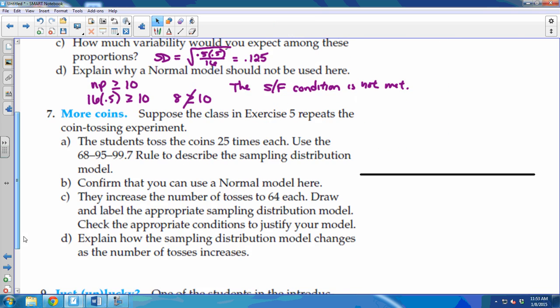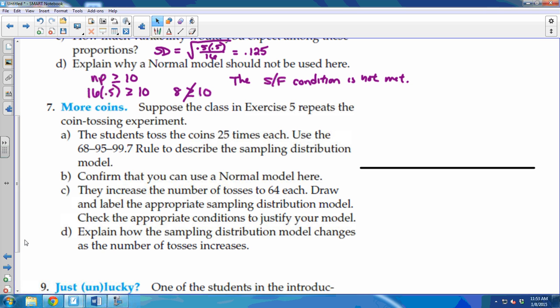On 7, it says suppose the class in exercise 5 repeats the coin tossing experiment. The students toss the coins 25 times each. Use the 68, 95, 99.7 rule to describe the sampling distribution model. That means we have to draw it, which means we need what 2 things? A mean and standard deviation.